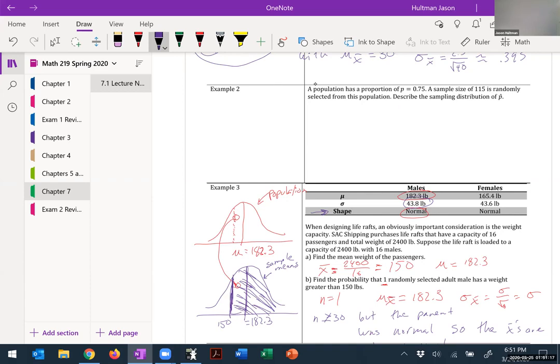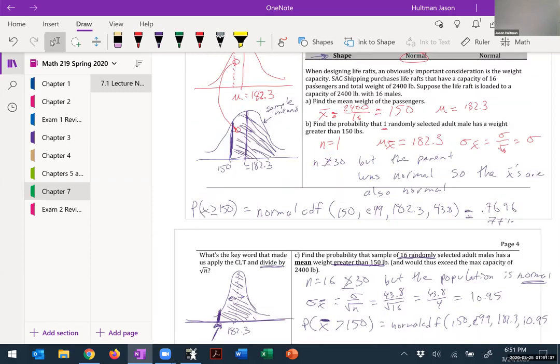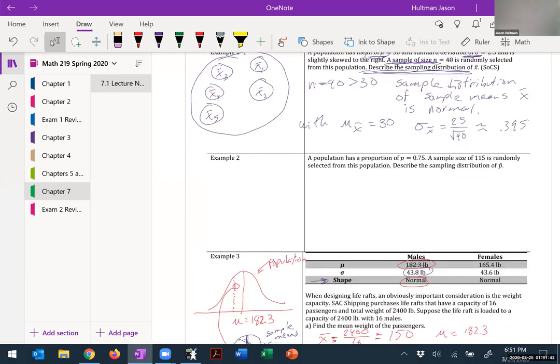If it told us the shape wasn't normal, then in order to do any of this, I would have had to take a sample size bigger than 30. But I can still take sample sizes less than 30 because we know the original population is normal. So that's how we got this.